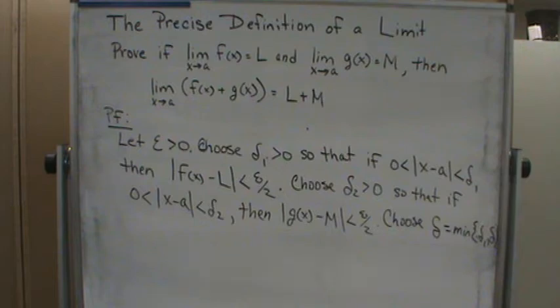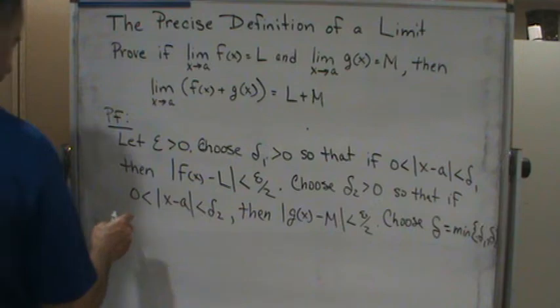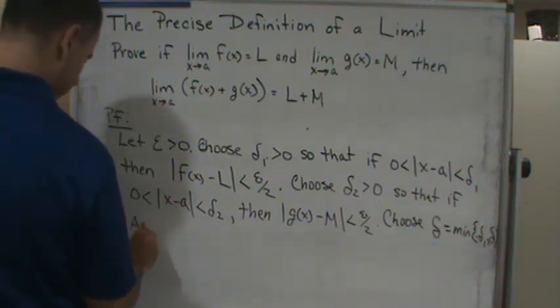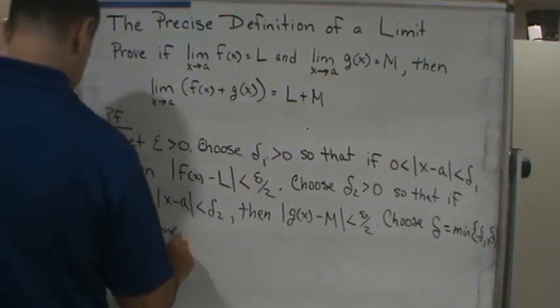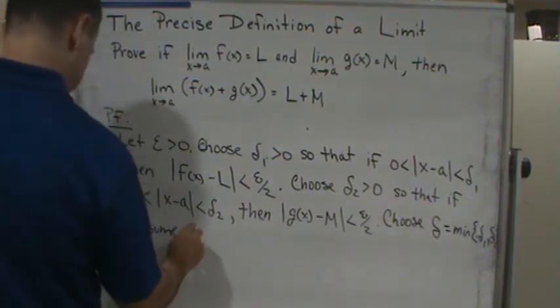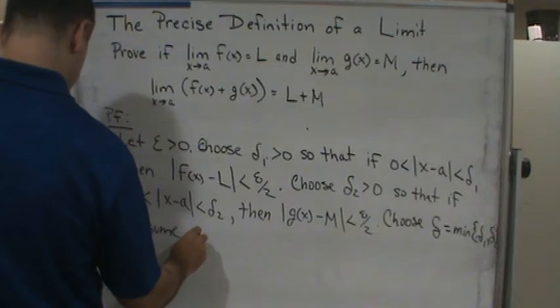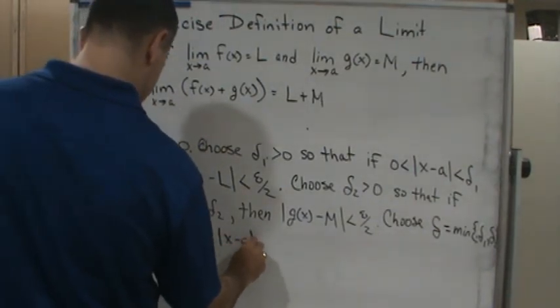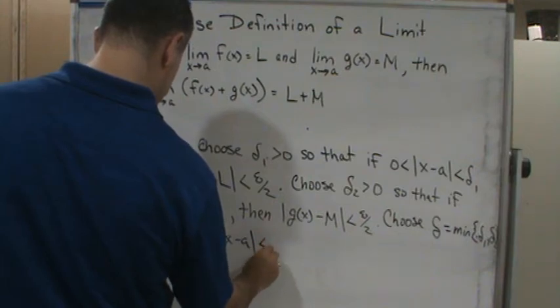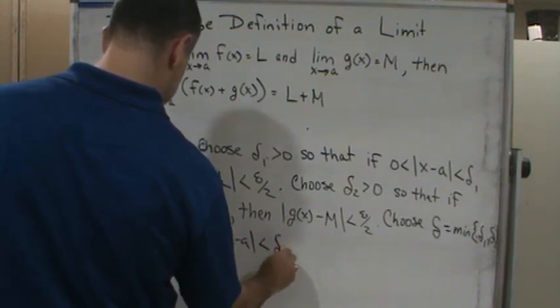So now, assume that 0 is less than the absolute value of x minus a, which is less than delta.